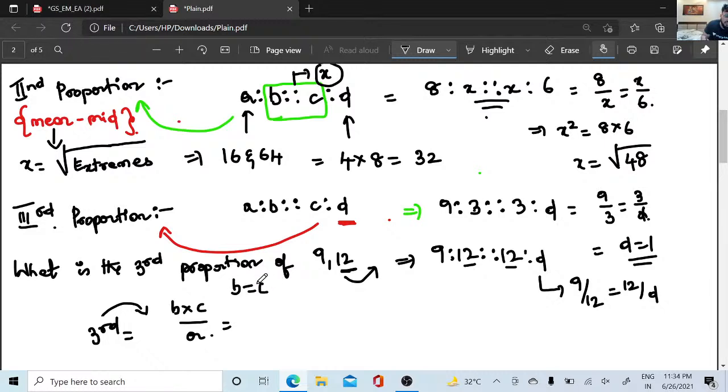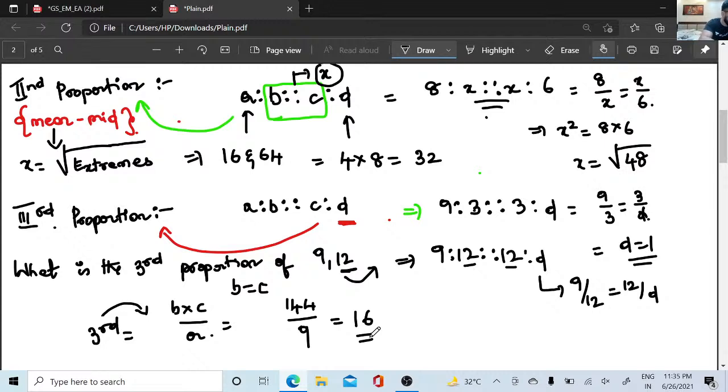Understand this, b is always equal to c. So this goes to be 144 divided by 9. What is 144 divided by 9? 9 sixes are 54, so 16 will be the answer here.